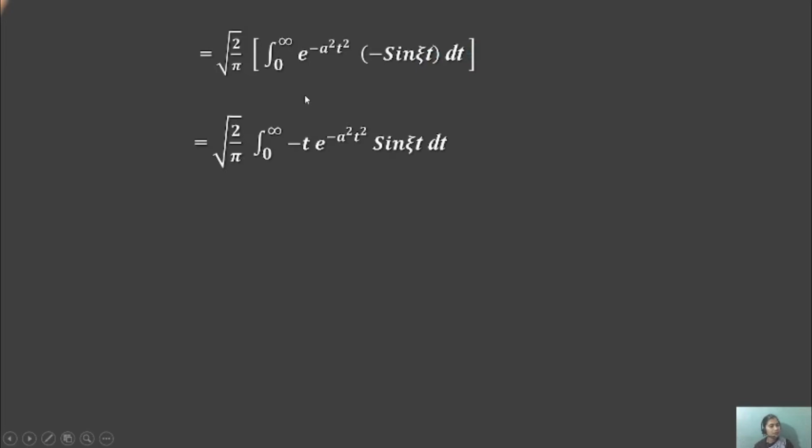Then putting in the value, square root of 2 by pi integral 0 to infinity, we get minus sin xi t into t.